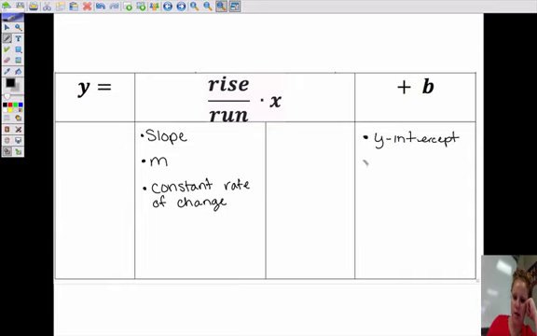And the y-intercept is also known as a starting value, or on a graph it's going to be where the line crosses the y-axis. So where the line crosses the y-axis.